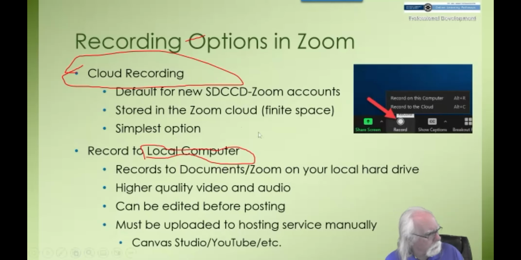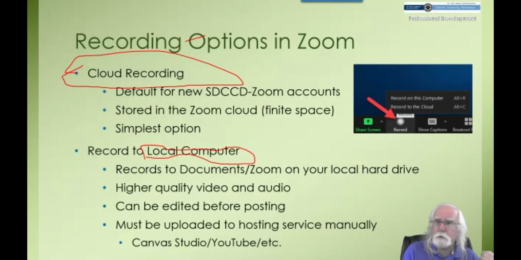The default in our SDCCD Zoom accounts is to record to the cloud, the Zoom cloud. That means the recording goes across the internet to the servers owned by Zoom, where it's processed, stored, and captioned.